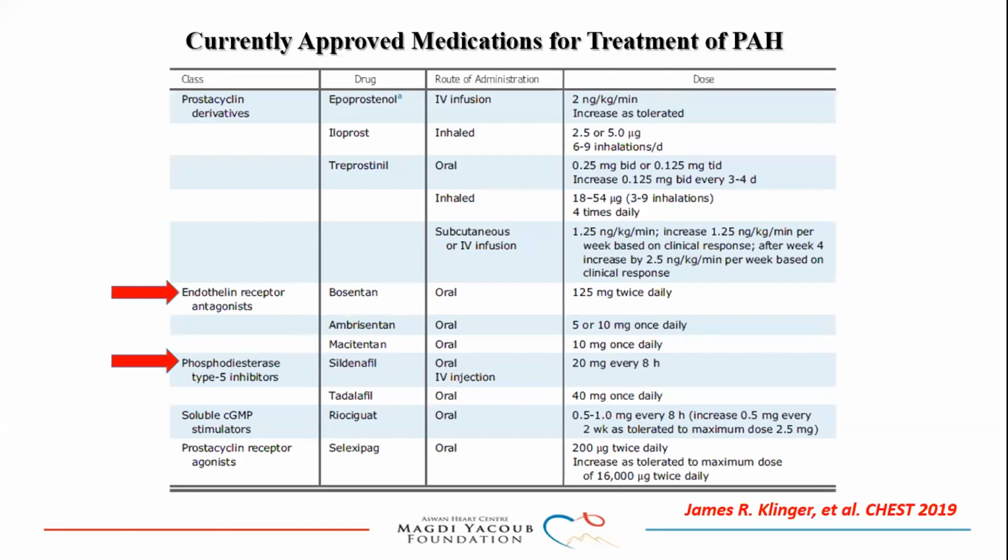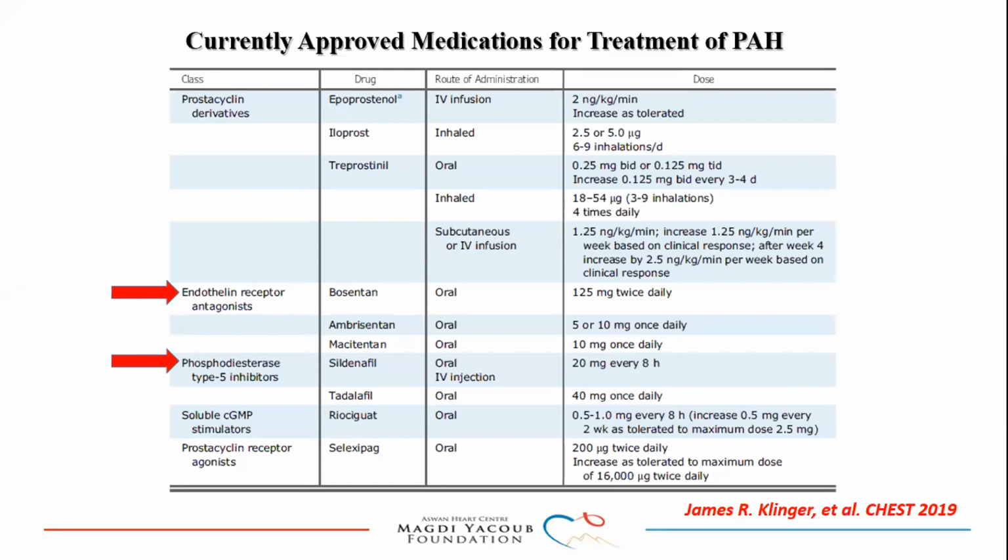The second group is the endothelin receptor antagonists, which includes, first in this group, bosentan, whose dose is 125 milligram twice per day. In addition to its role in idiopathic PH patients, it's highly indicated in patients with Eisenmenger syndrome.